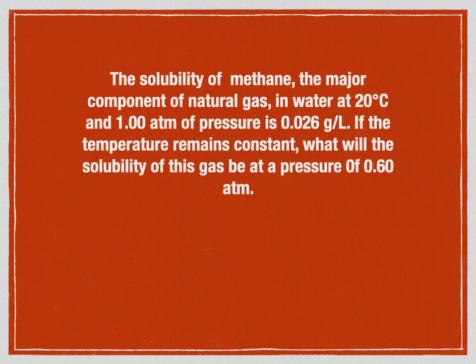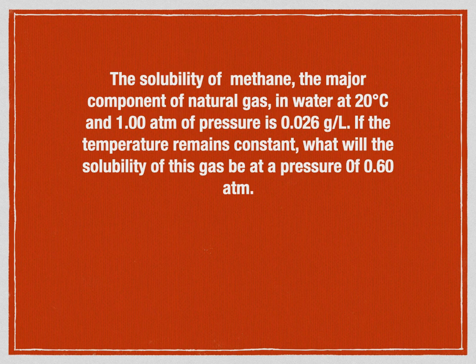Let's look at just a quick example of how this Henry's law situation is used. The solubility of methane, which is the major component of natural gas, in water at 20 degrees Celsius and 1 atmosphere of pressure is about 0.026 grams per liter. If the temperature remains constant, what will be the solubility of this gas at a pressure of 0.6 atmospheres?